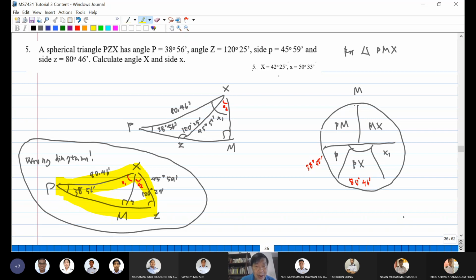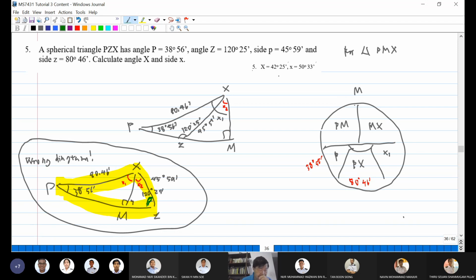So I have P 38, P 56 here, and angle Z 120.25, so I should put angle Z 120.25 here. Opposite side P is 45 degrees 59 minutes, and opposite angle Z is 86 degrees.